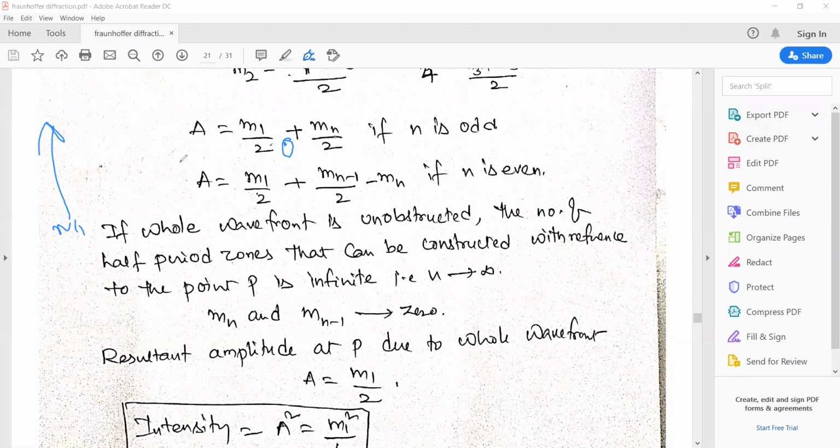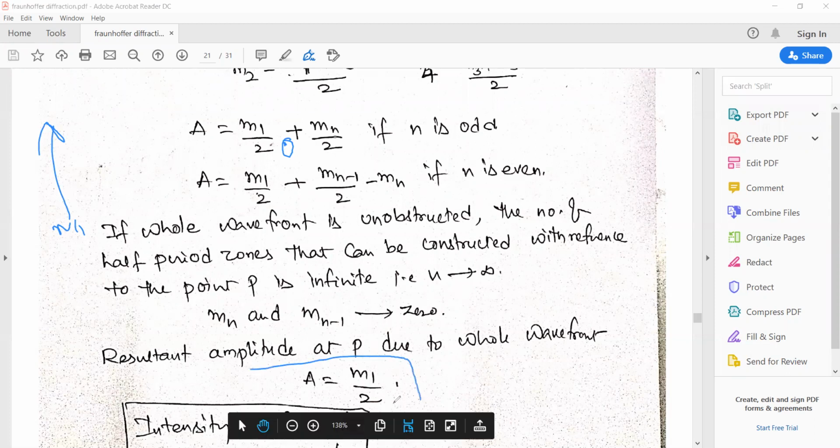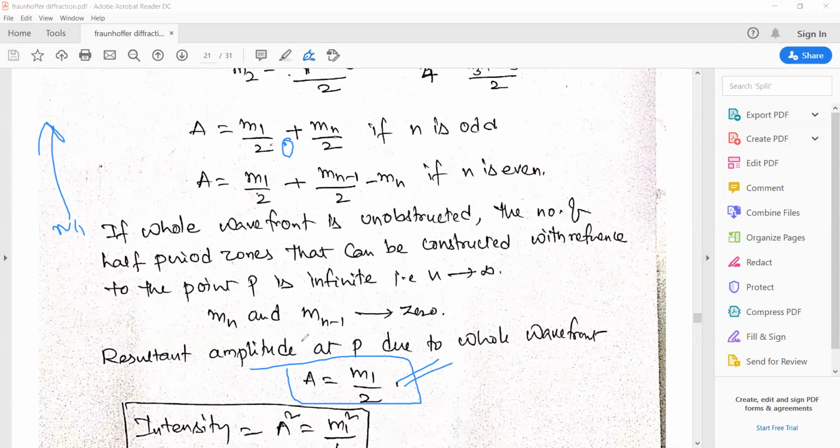When the whole wavefront is unobstructed, that means it is transparent, then the amplitude at point P due to the complete wavefront is this. You remember, this is a planar wavefront at point P. The amplitude of the wave due to the whole wavefront is M1 by 2. So the amplitude from the first zone plays the major role.